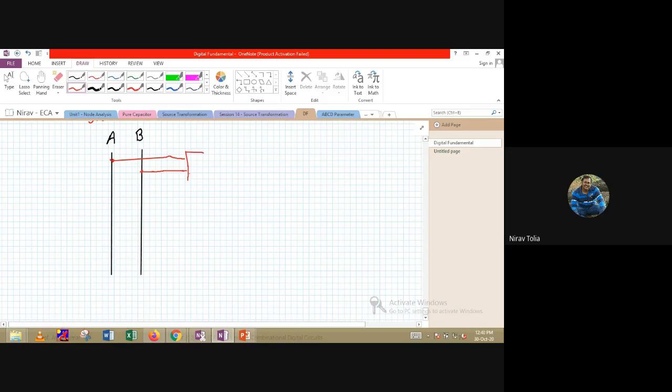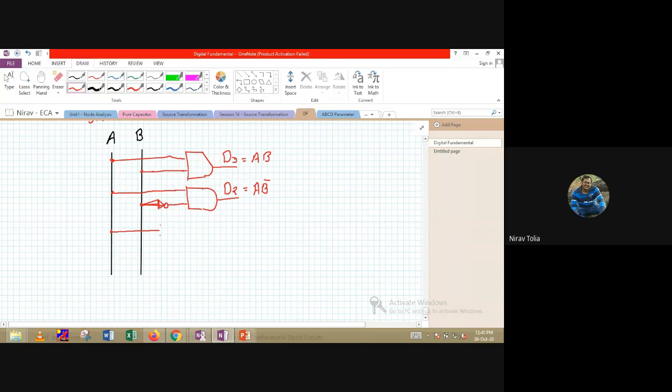The equation of D3 is A into B. The equation of D2 is A B bar.